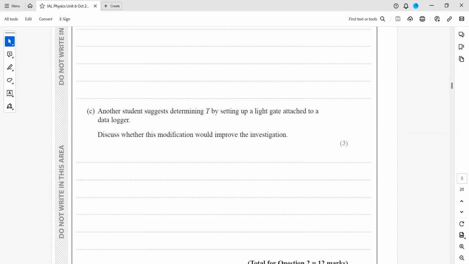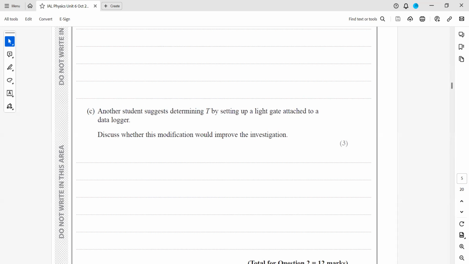But when we use a light gate, the light gate eliminates the reaction time, and it also eliminates the parallax error, like the wrong position of the eye. So if you're using a light gate, it will eliminate the reaction time and it will also remove the parallax error.